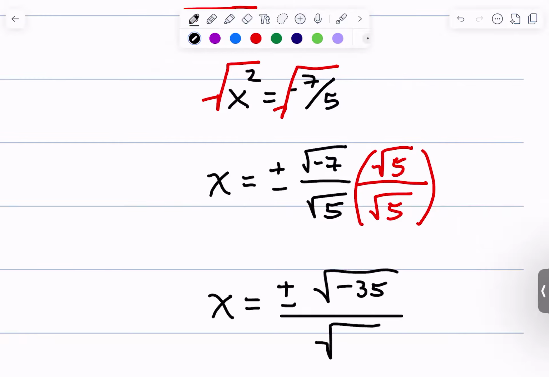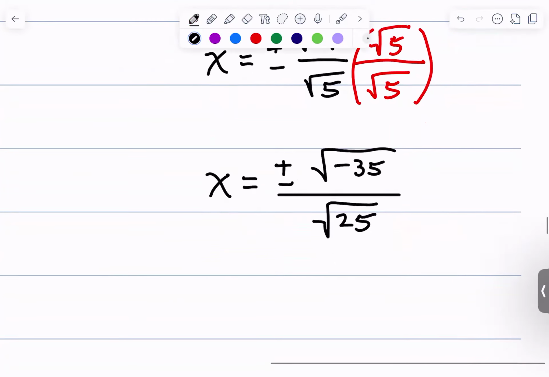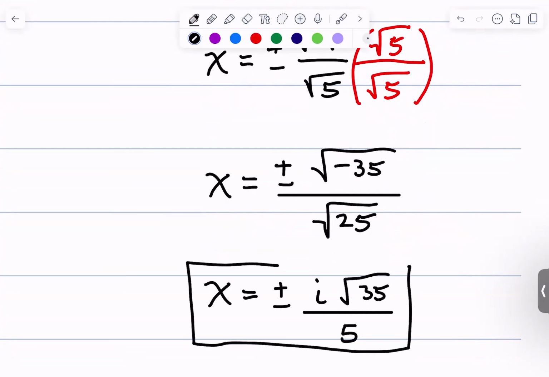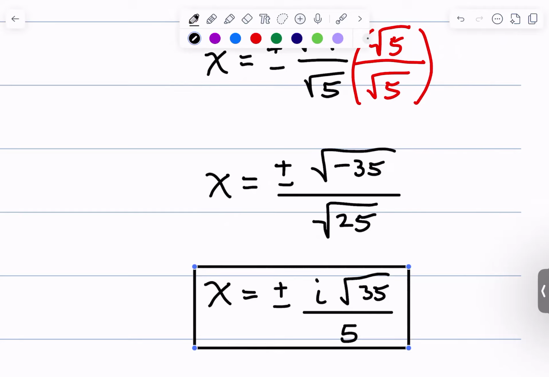I'm going to show you guys that it's the square root of 25 first. Okay. And then deal with the negative. So this becomes i square root of 35 over square root of 25, which is 5. So that is my answer. Okay.